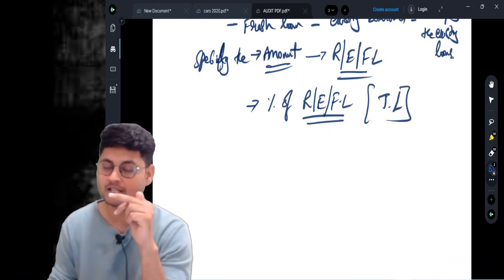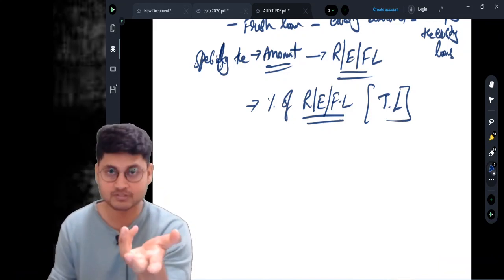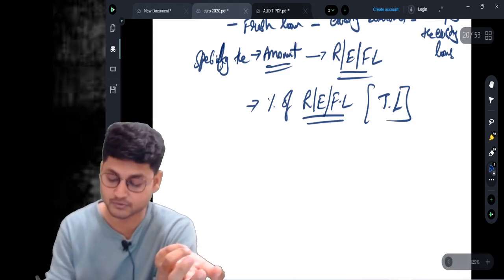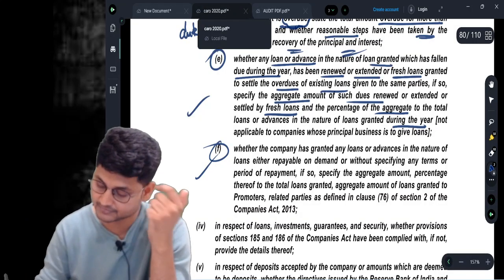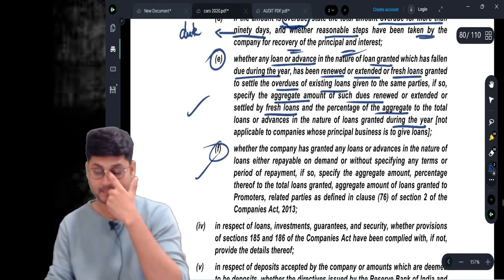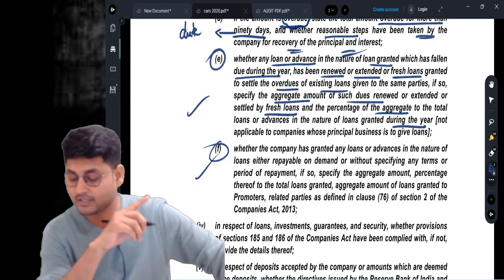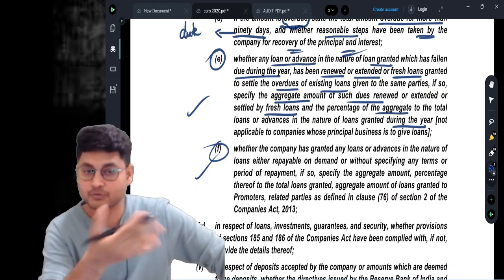Percentage of renewal, extension or fresh loans out of total loans granted during the year. Percentage of aggregate to the total loans granted during the year.